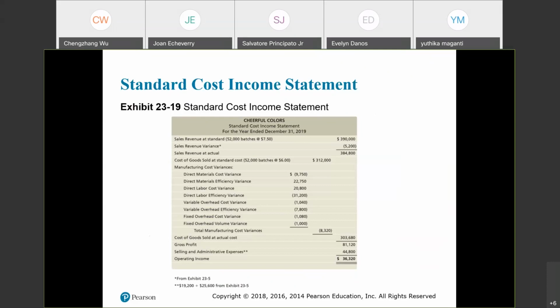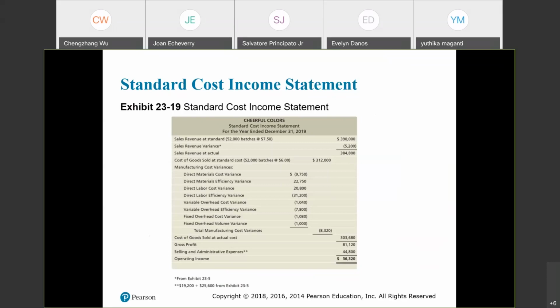The income statement shows that the net effect of all the manufacturing cost variances is 8,320 favorable.